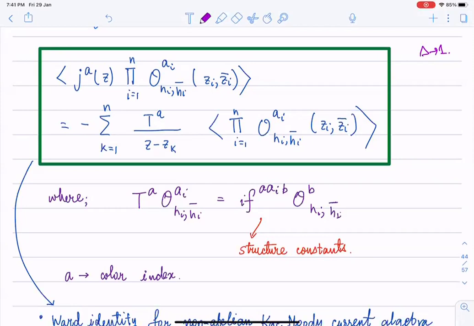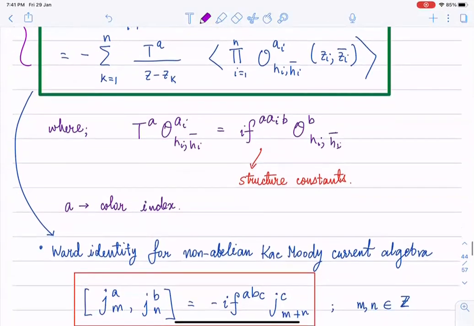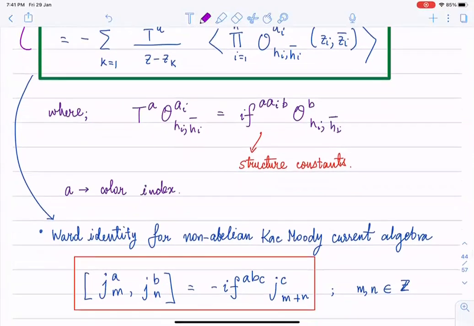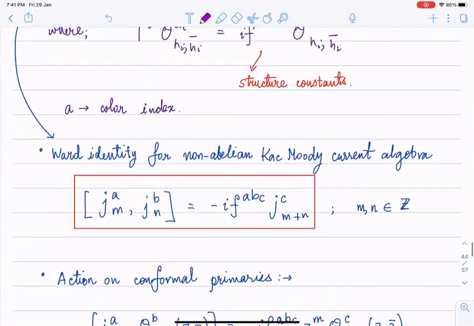In this case, the Ward identity basically takes the form of a standard Kac-Moody current algebra.